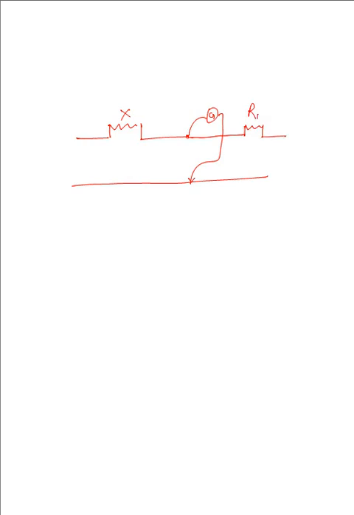Now if the meter bridge has X onto the left gap, and here's the galvanometer, and you have the known resistance, suppose R1 again, onto the right gap, and here the circuit is completed, right?